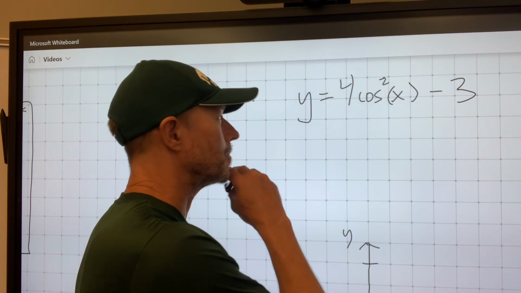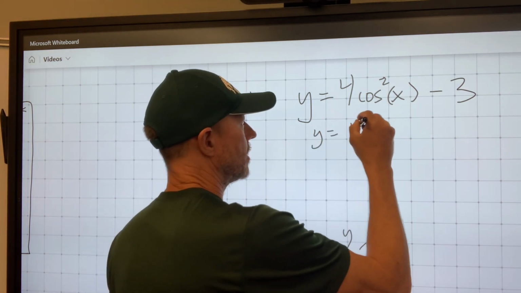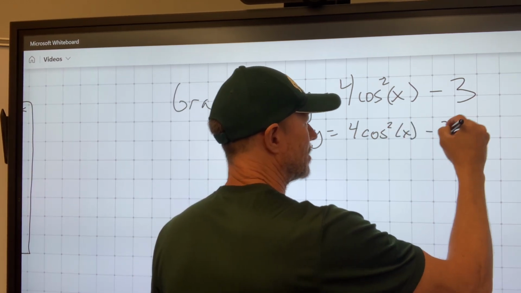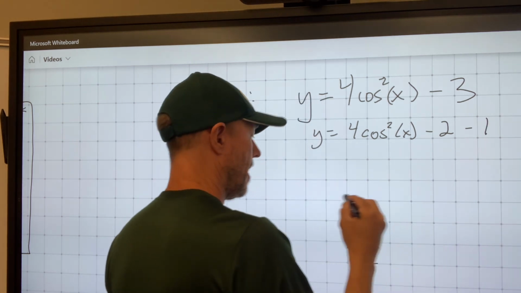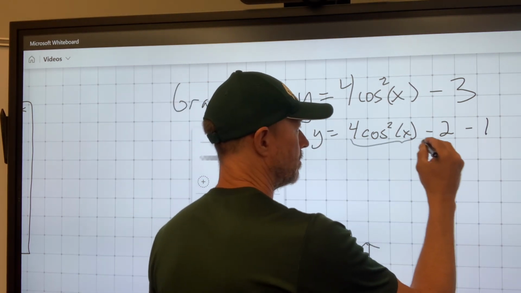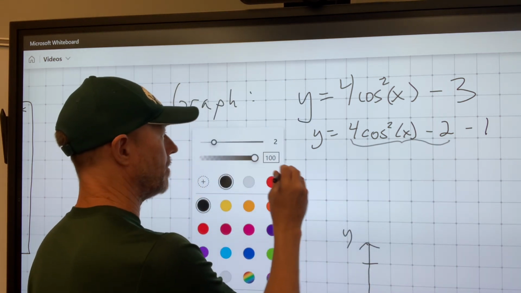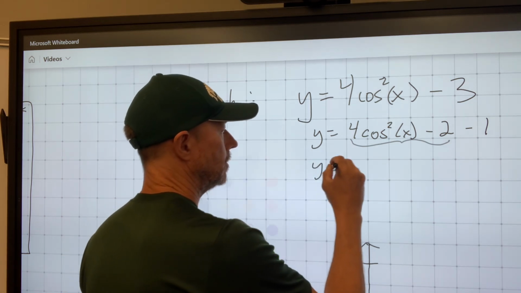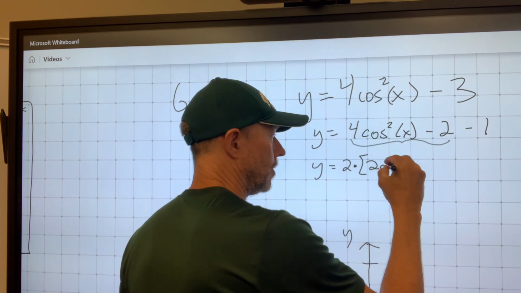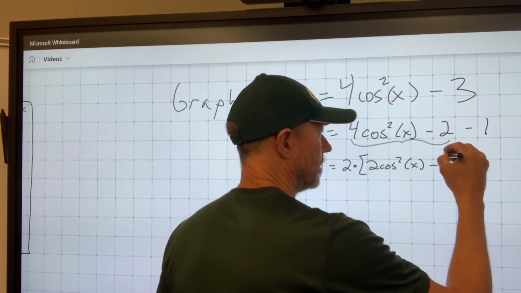But wait a minute, let's rewrite this as 4 cos squared x minus 2 minus 1. And then let's factor out from this binomial a 2. You'll see that if I factor out from that binomial a 2, I'll have 2 cos squared x minus 1.